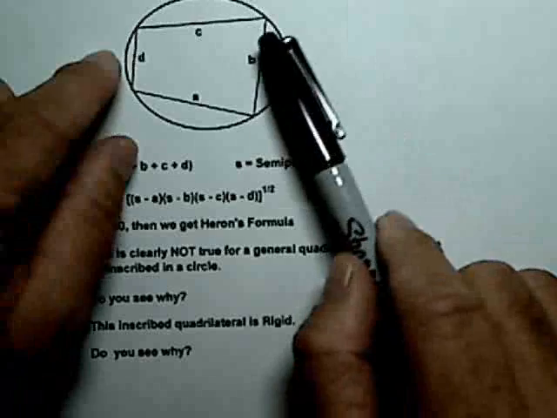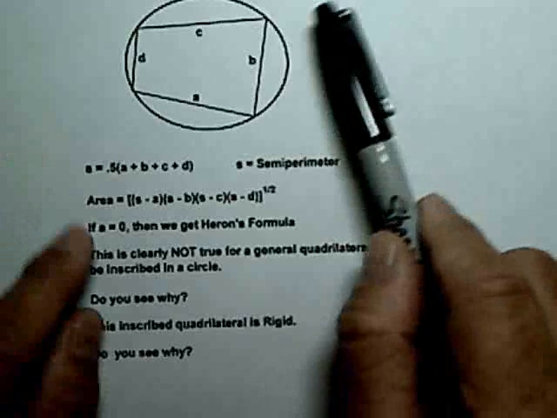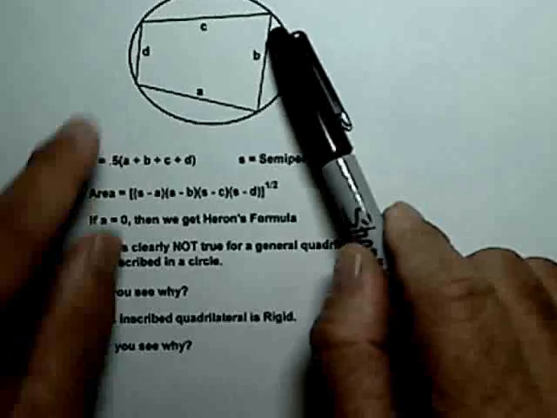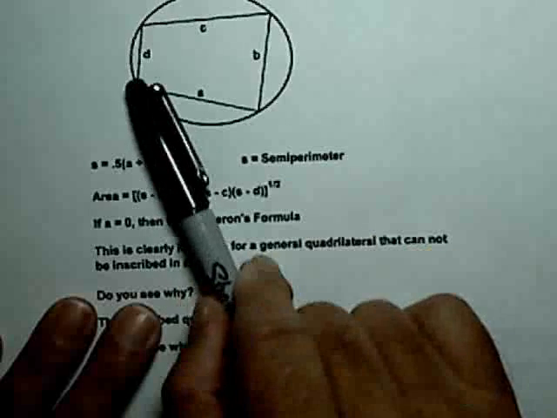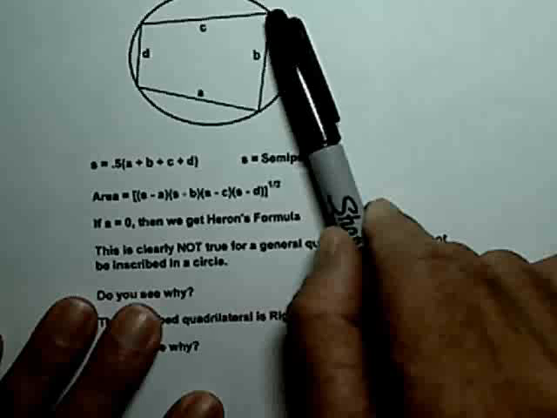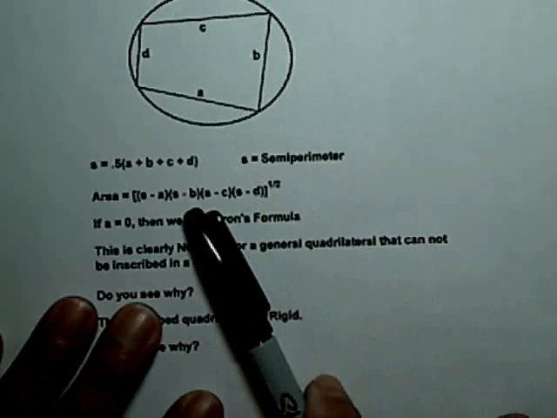The reason is that a quadrilateral is not rigid. You can distort it greatly and get smaller and smaller areas. This formula only applies if your quadrilateral is inscribed in a circle. If you inscribe it in a circle, then this formula is true.